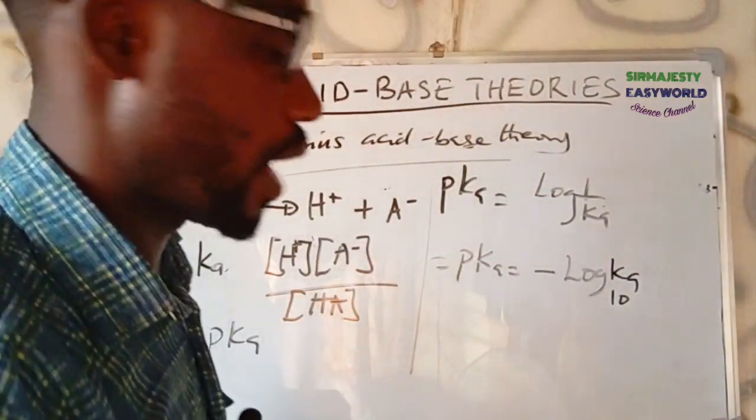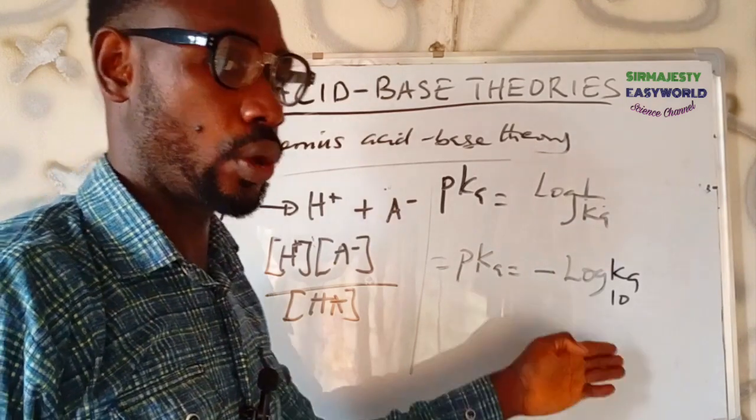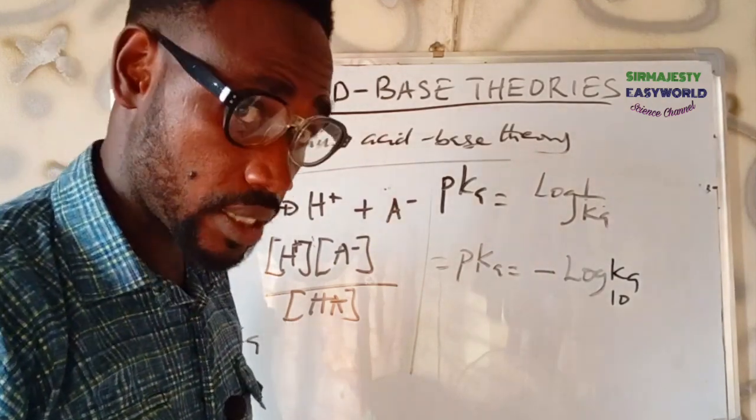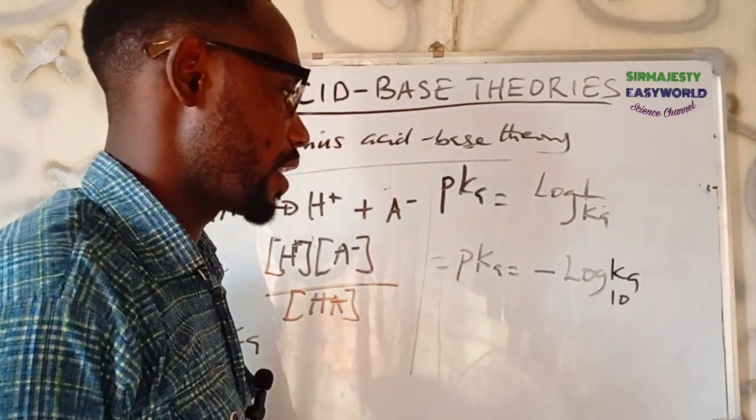And now I told you that when the pKa of an acid is low, it shows that such an acid is a strong acid. When it is high, it is a weak acid.